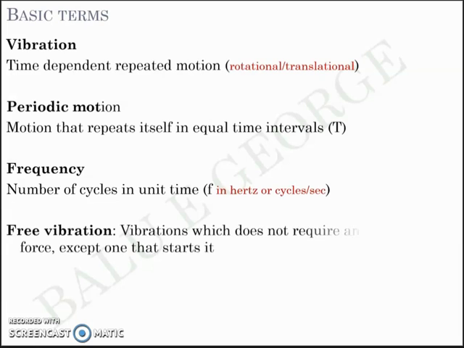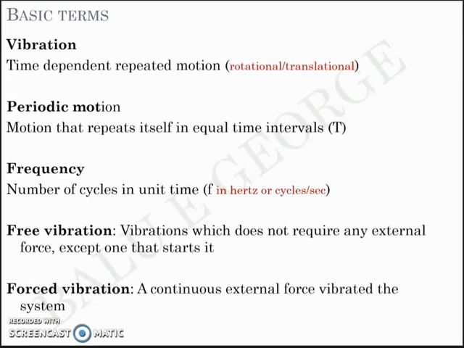Next term is free vibration. A free vibration is a vibration which does not require any external force except the one that starts it. It just means that you need to give an initial force or an initial displacement to start the vibration, but once the vibration is set into motion, you don't have to provide any external force. It'll have its vibration on its own.